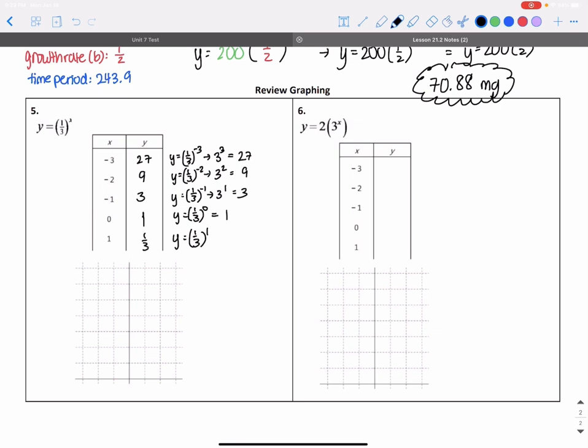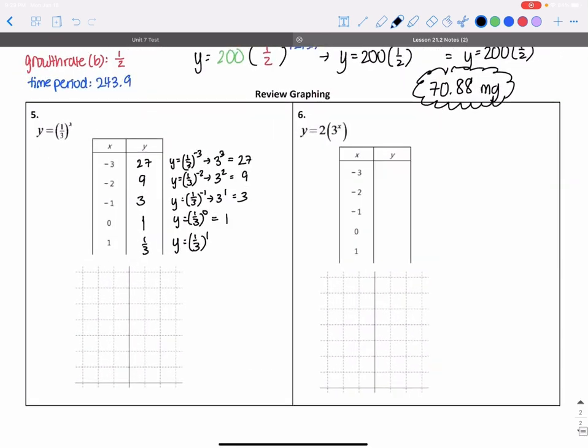And I'm going to graph this. So I'm going to label this graph myself. I'm going to start with 0 here, and then I'm going to do 5, 10, 15, 20, 25, 30, 35.